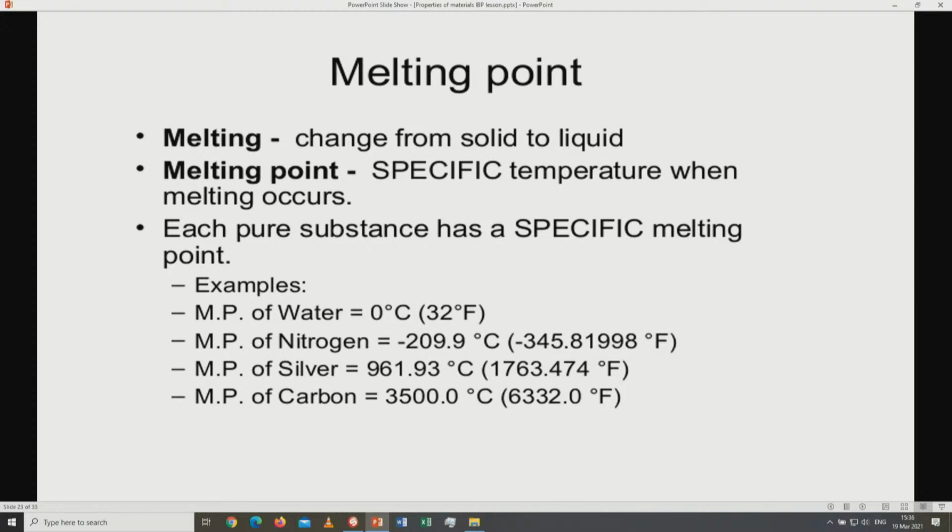We have silver, because it's always found in a solid state, it is 961.93 Celsius. Carbon, it is 3,500 degrees Celsius. These are the melting points of these materials. Can you see even gases can be classified as materials?